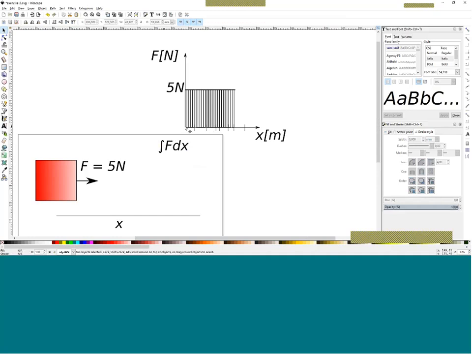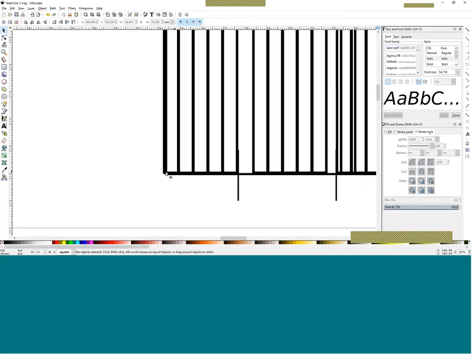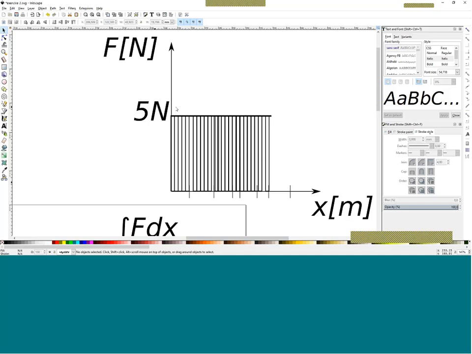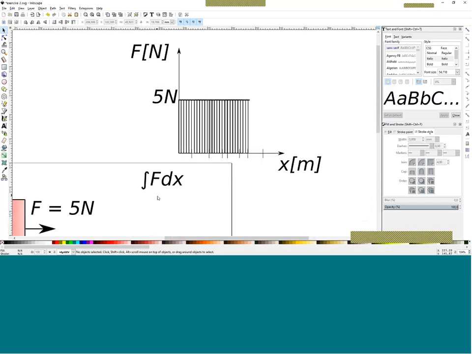He said for whatever area of interest, area that we're interested in, we're going to multiply this very small length of x by the force. And slowly you guys can recognize what's going on here. This is essentially a fancy summation function.